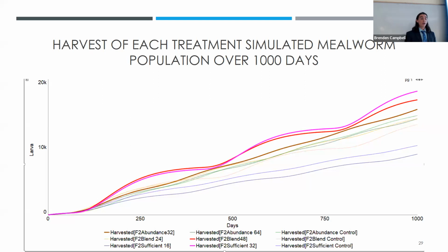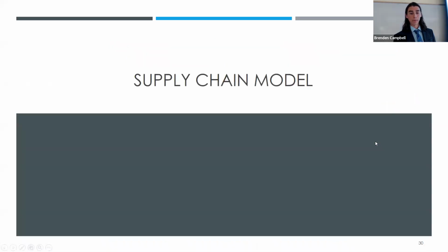Now, while not all parameters are considered within the population model, the supply chain model adds another data point in determining which treatment ratio is satisfying all of the objectives. So after optimal feed and rearing conditions were determined, a farm scale model of a larger system was designed to explore feasibility, profitability, and sustainability of a large scale mealworm farm.